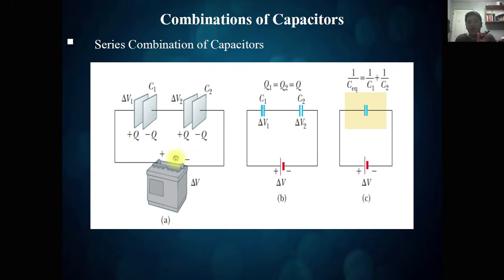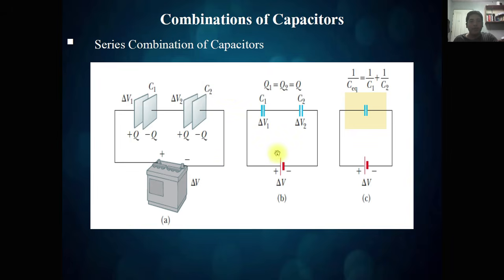How do we know if two elements are connected in series? If they have the same charge or if the same current flows through them. In this case, these two are connected not at any junction, but simply in series. So we can say that these are a series combination of capacitors.